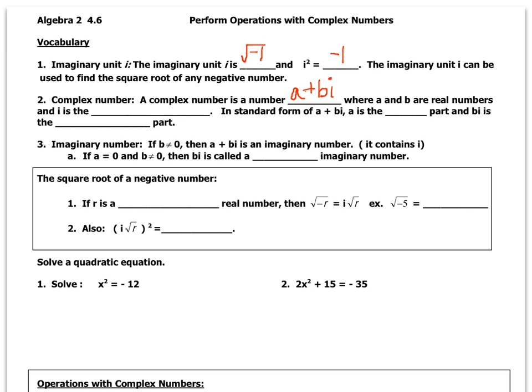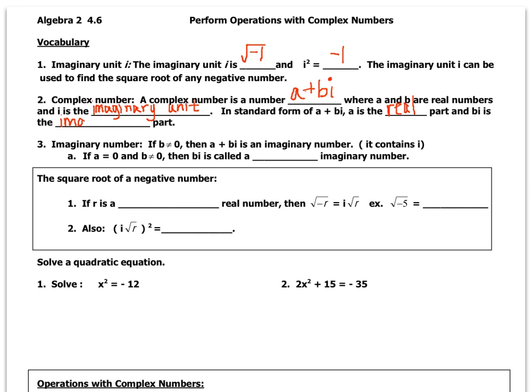So a number plus another number times i, the square root of -1, where a and b are real numbers, and i is the imaginary unit. In standard form of a plus bi, a is the real part, so it's a real number, and bi is the imaginary part.